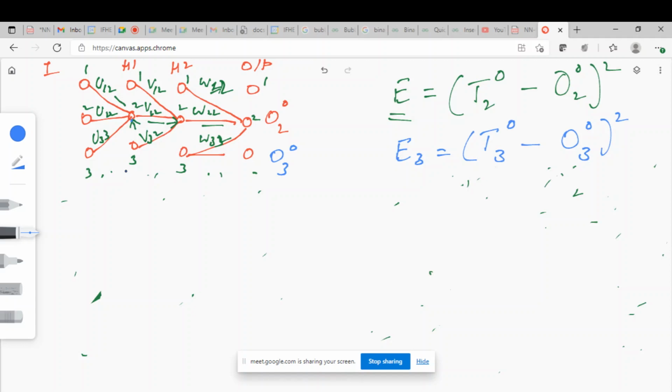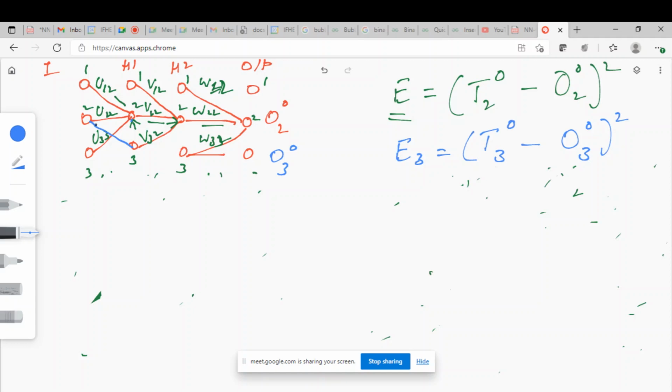This link is basically missing. So this neuron should also be connected with everything. There will be a connection from here to everywhere, this neuron to here also, but that part we don't want.